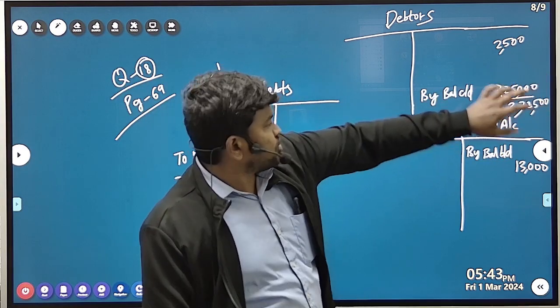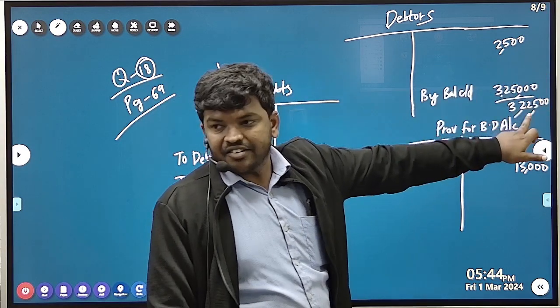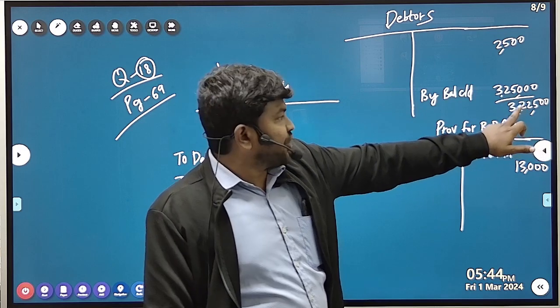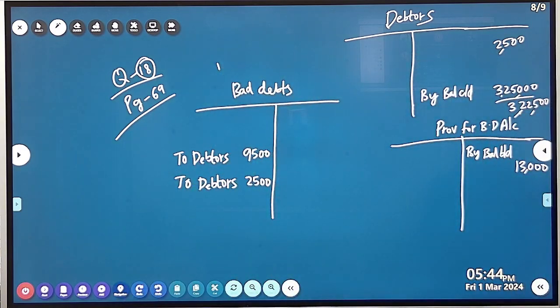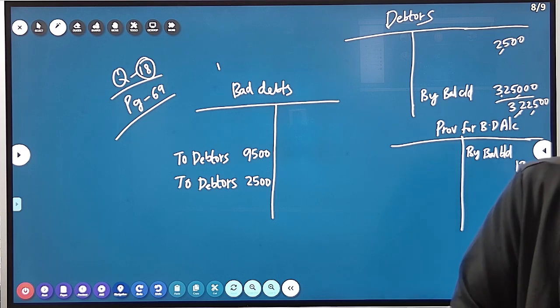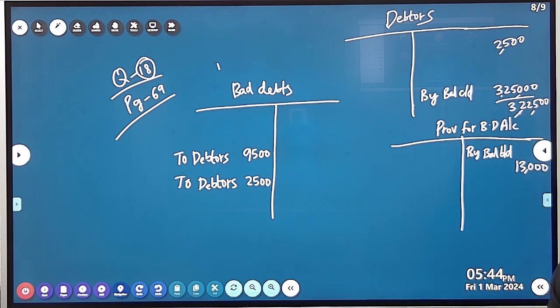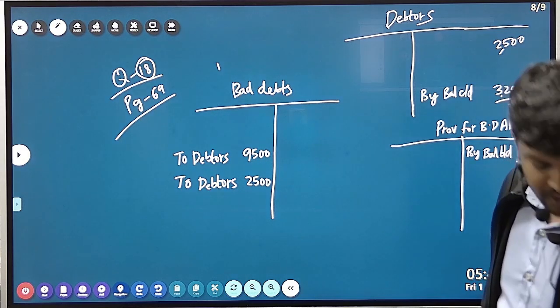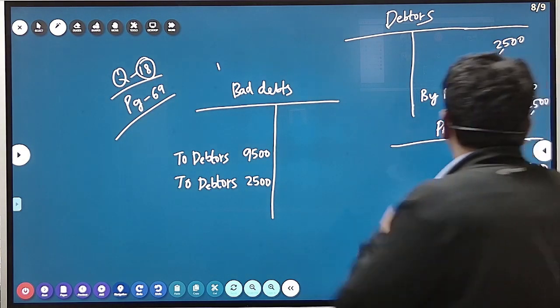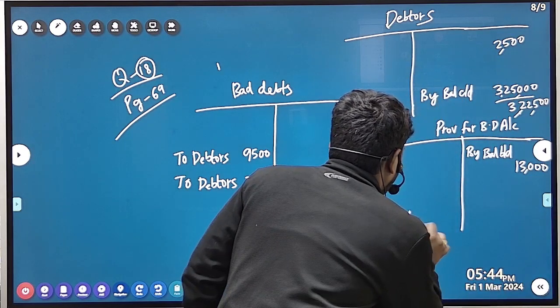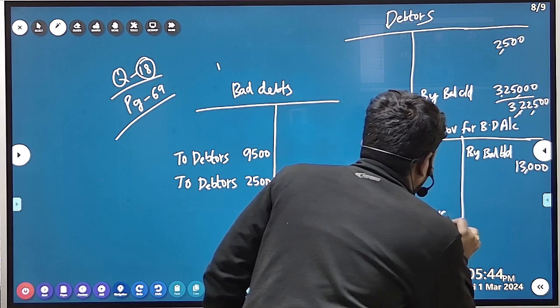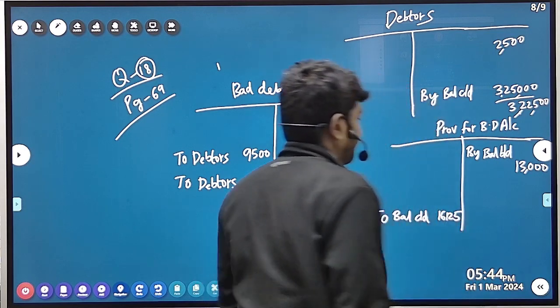Closing value of debtors balance is 322,500. See what 5% of 322,500 is. 16,125. So the closing balance will be 16,125. Understood?